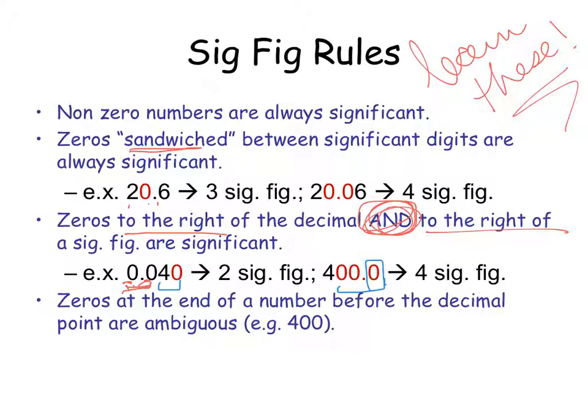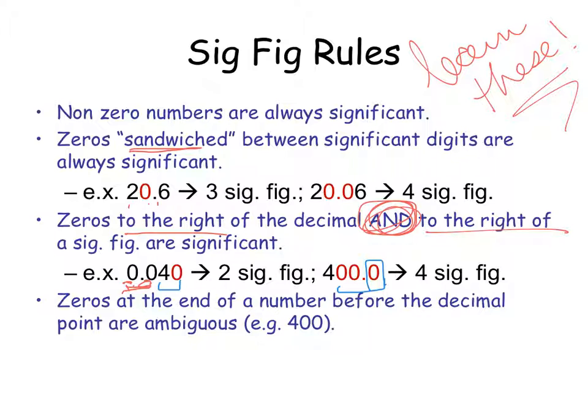And these other two zeros kind of fall into the sandwich category because they're between the 4 and the 0 that's covered under the to the right rule. Okay.